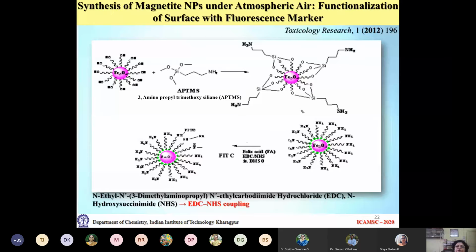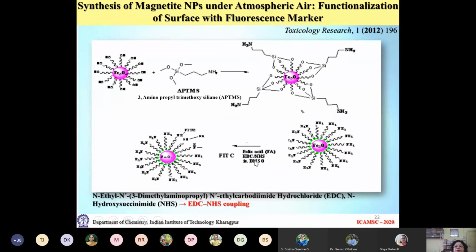What are we looking into? We are functionalizing the surface with OH groups, and we are functionalizing with the NH group. We are adding a feature which is going to be showing us fluorescence, and we are doing a coupling with the folate receptor.